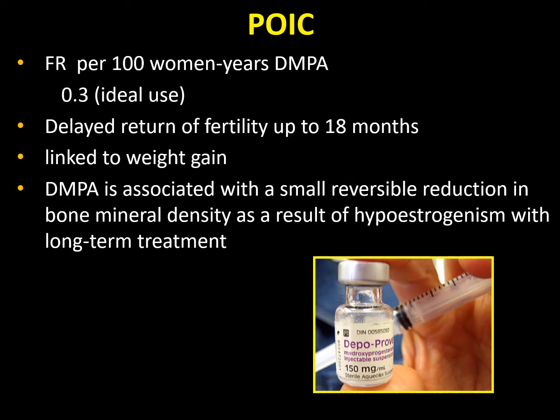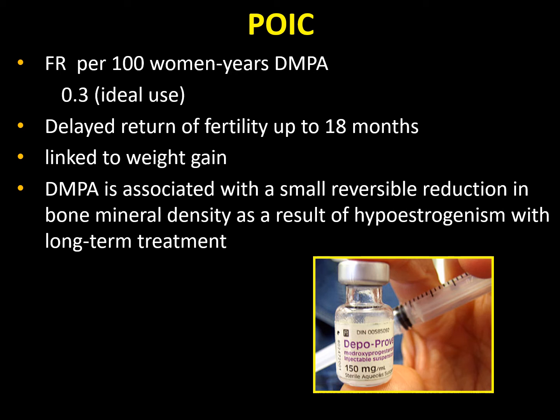The failure rate of Depo-Provera is low, and the main disadvantage is the delayed return of fertility of up to 18 months. It is also linked to weight gain, and this is why it's not advisable to give it to obese women.